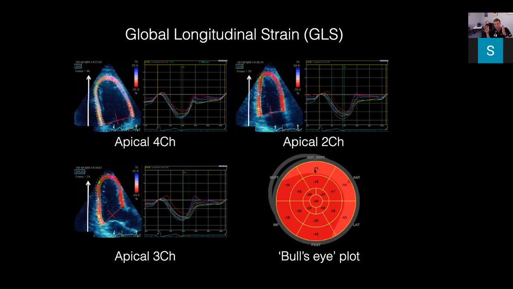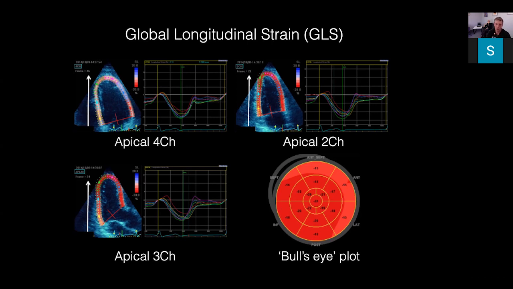Minus 10 would be a little bit of deformation, so that would be moderately severe systolic dysfunction. And then minus 15 would be mild systolic dysfunction, right? It can go all the way to blue, which is where we're getting dyskinetic movement. So that means that the myocardial fibers are stretching out instead of going towards each other during systole, and that's blue. But on a pictorial representation like this, it's all red. You can just look at it, and there's a way of eyeballing it to say, yeah, that's normal strain.